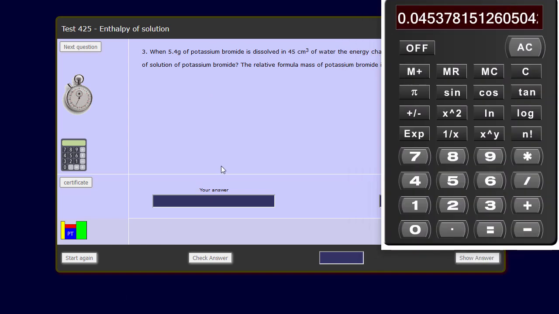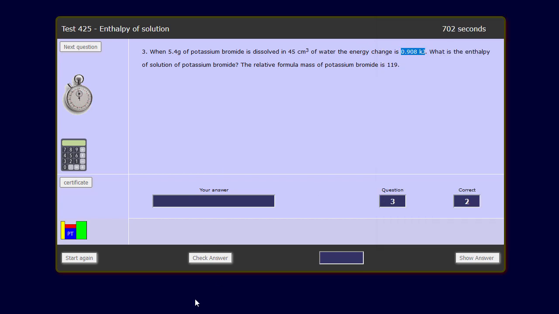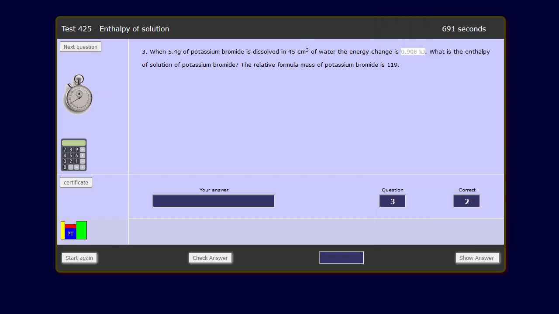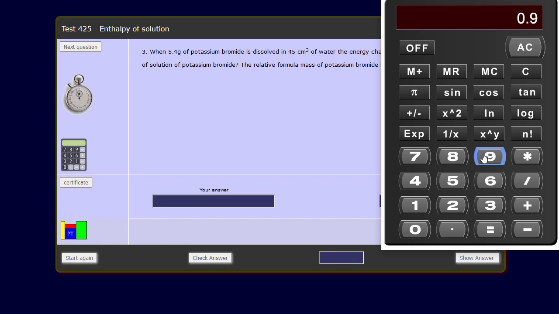Right, so the total energy divided by the number of moles, so 0.908 divided by the memory recall.